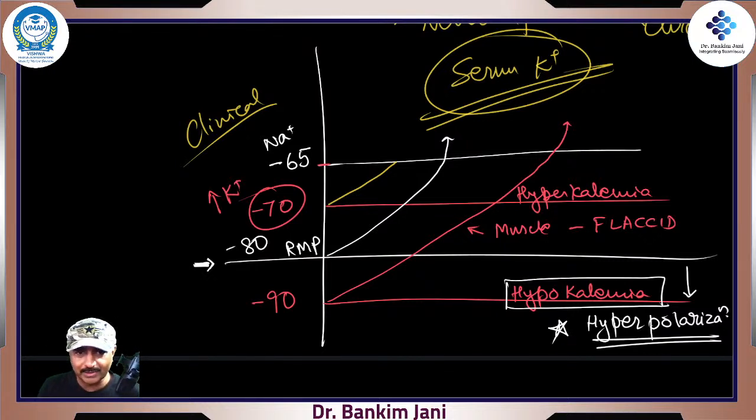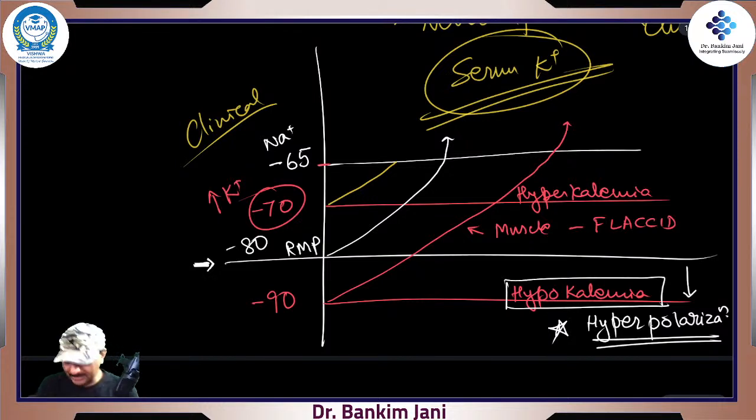So when the question is asked, in hypokalemia there is hyperpolarization, right or wrong? We say yes, it is right, because in hypokalemia the RMP is dropping. So this is what really happens.